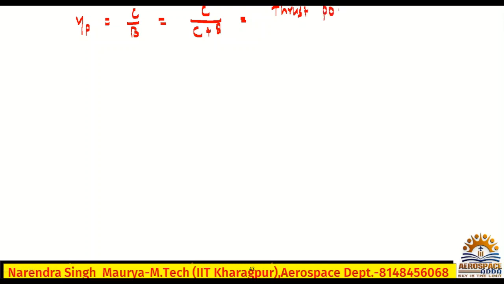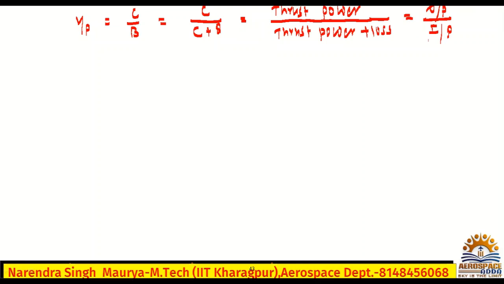This is the propulsive efficiency: thrust power divided by thrust power plus loss, which is nothing but output divided by input. And input you can write output plus loss. Yes or no? That's very basic, you know that.